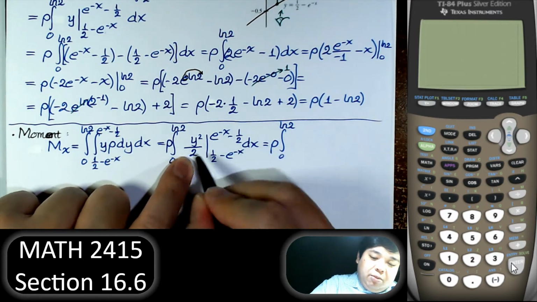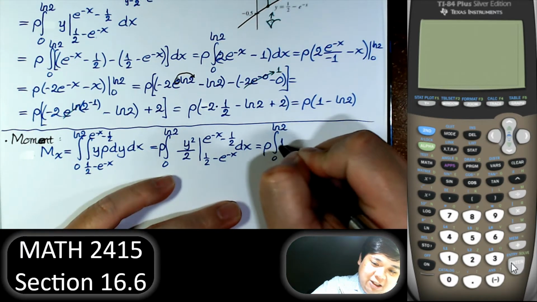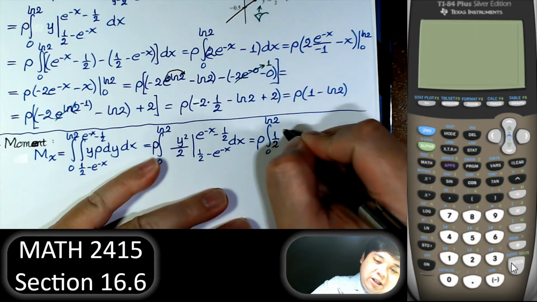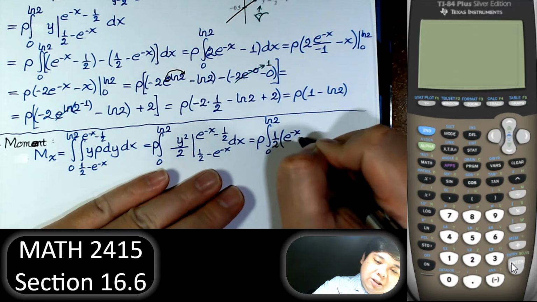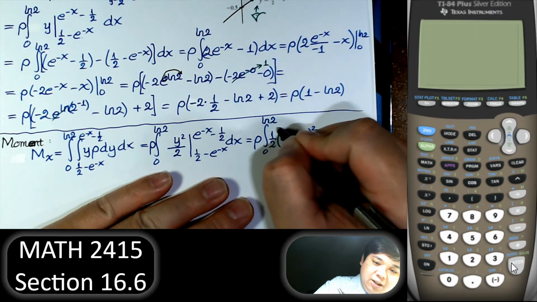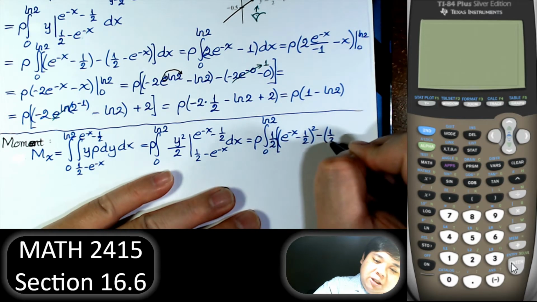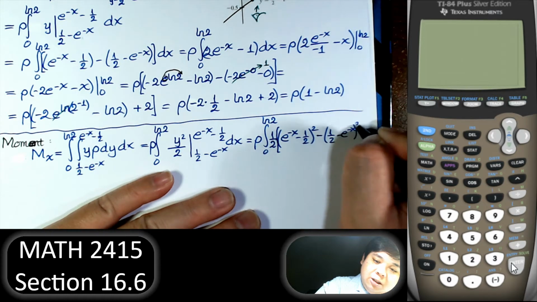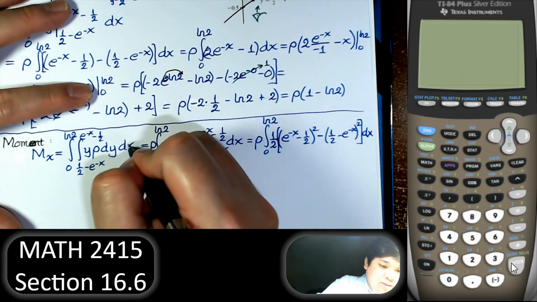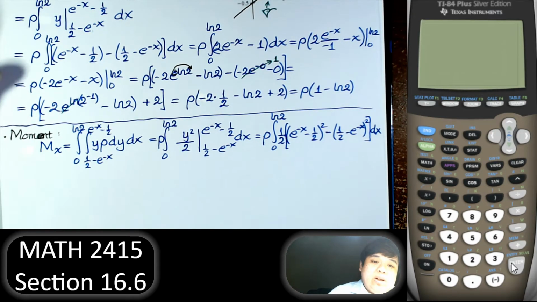Put the upper limit in here squared, and then subtract when we put in the lower limit, dx. Once again, for the moment about the x-axis, we stick the y to it.